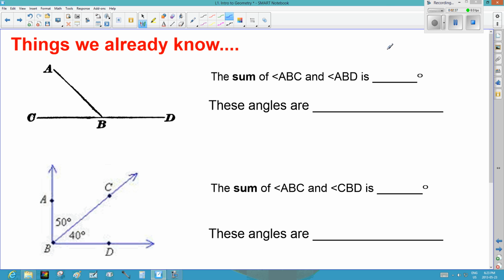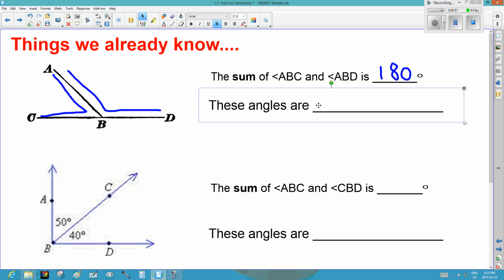Things that we should already know: the sum of angle ABC, so this angle right here, and then ABD, that angle right there, is 180 degrees. These angles are considered supplementary.